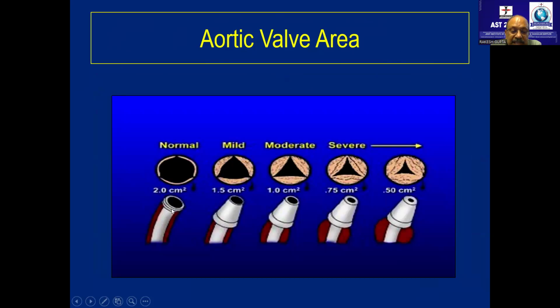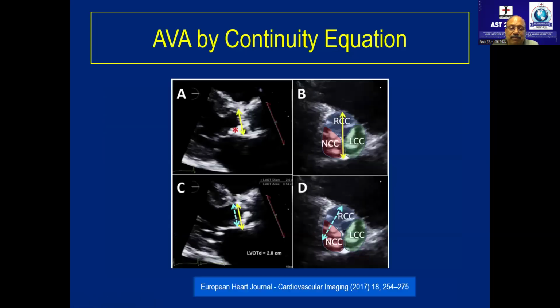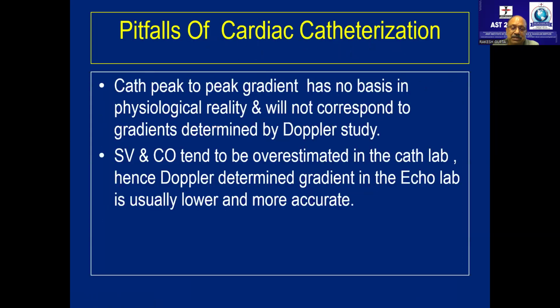Suppose you pinch on this side, the jet would go on this side. Suppose you pinch on this side, the jet would go on this side. Suppose you pinch on both the sides, the jet will go on this side. So how do you know the way the jet is going? That is the most important problem for aortic stenosis.